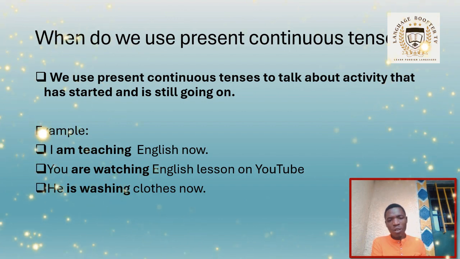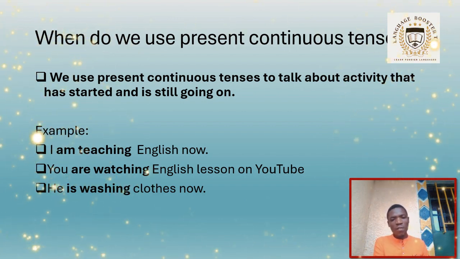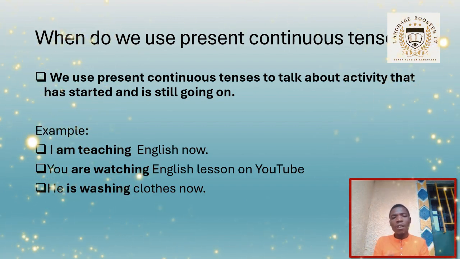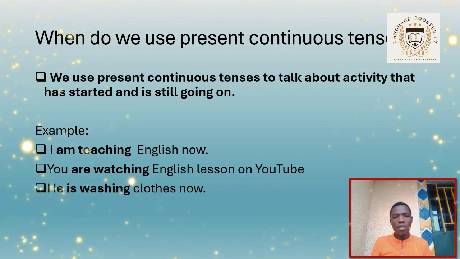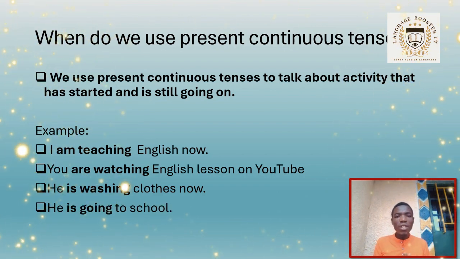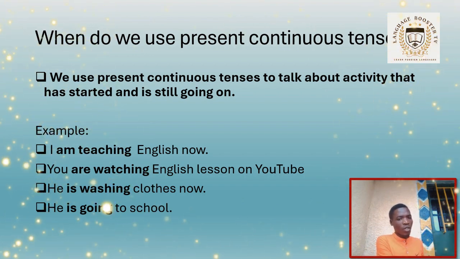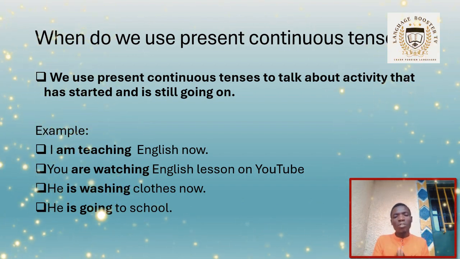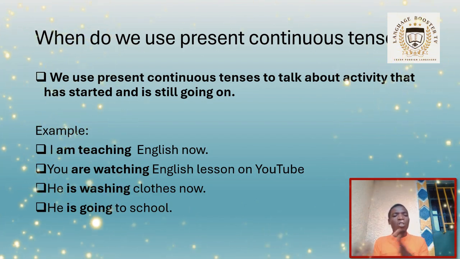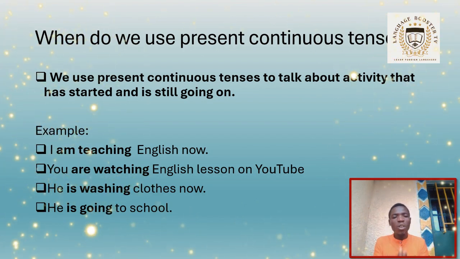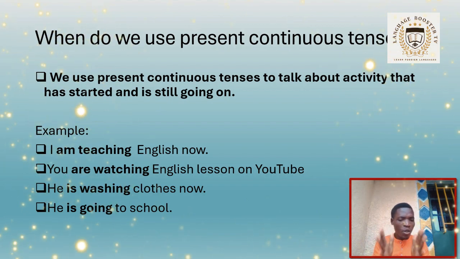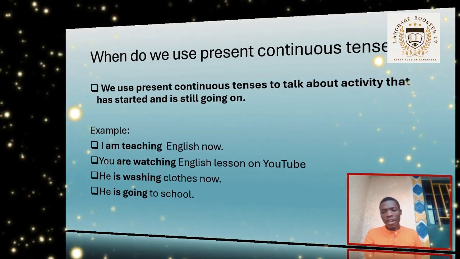He has started washing gloves and he is still washing gloves. He is going to school. It means that he has started the journey to school and he has not arrived at the school. So he is in the middle of the way to school. Great.